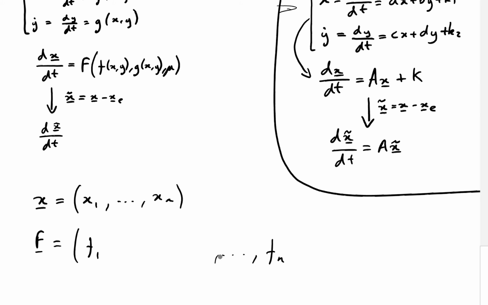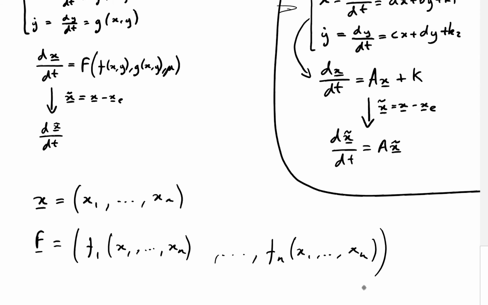But our functions are going to be of all our variables, aren't they? Of all our x, right the way through to xn. All our functions are going to be of all our variables. Like I say, it's not the prettiest case in the world, but it's a simple enough idea.